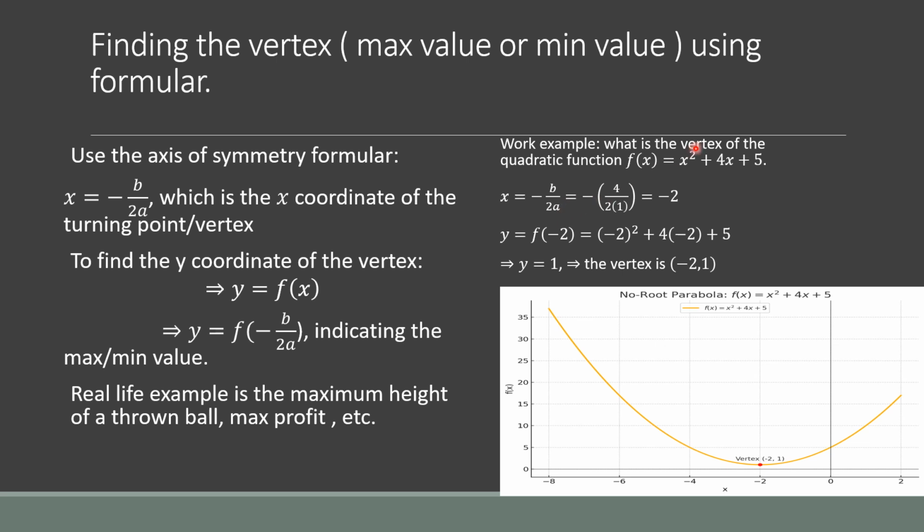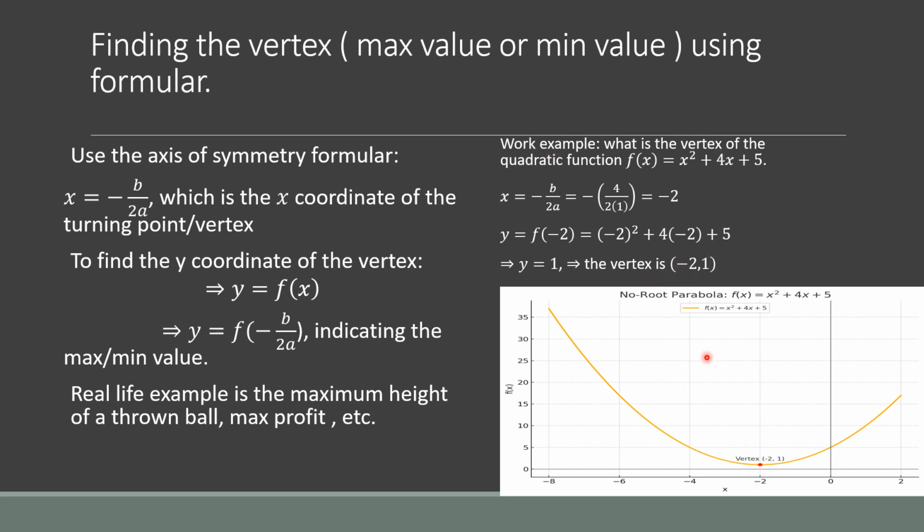So look at this particular example. We have f of x equal to x squared plus 4x plus 5. We have x, the axis of symmetry, which is minus 4 over 2 times 1, equal to minus 2. And here, when you substitute the minus 2 as an input to the function f of x, the result will give us 1, indicating that the minimum point, that is the vertex, is minus 2, 1, as it is shown on the graph.